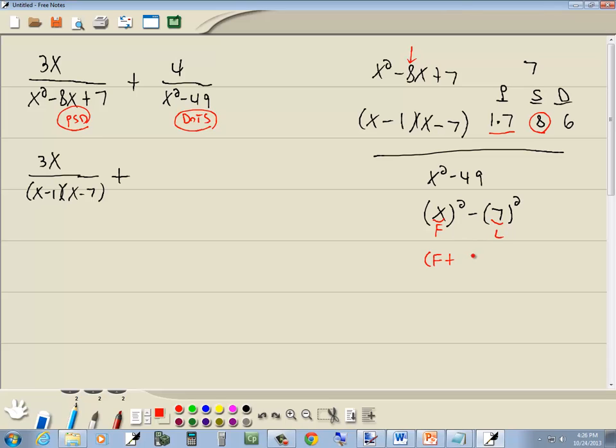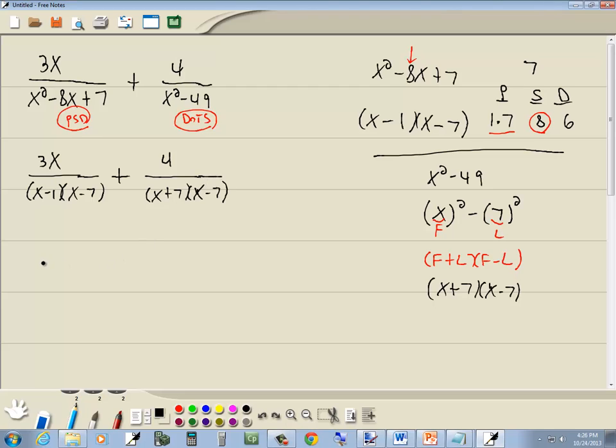Our formula for the difference of two squares is F plus L times F minus L. Wherever there's an F, I'll plug in x, and wherever there's an L, I'll plug in 7. So we get x plus 7 times x minus 7. So this fraction becomes 4 over x plus 7, x minus 7.